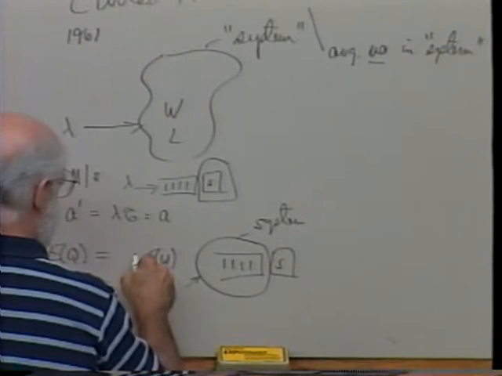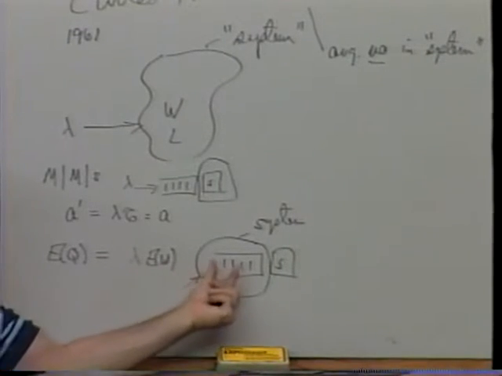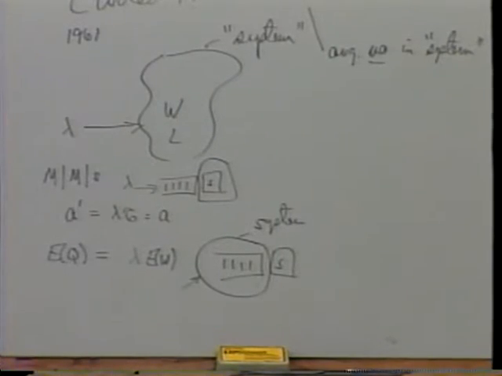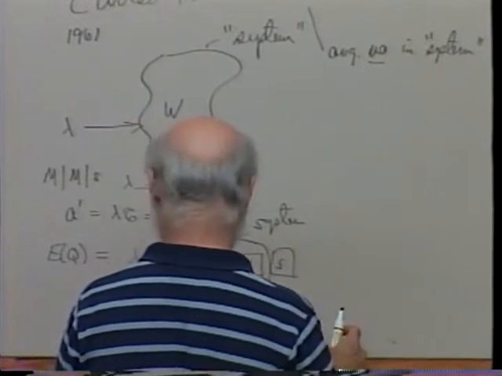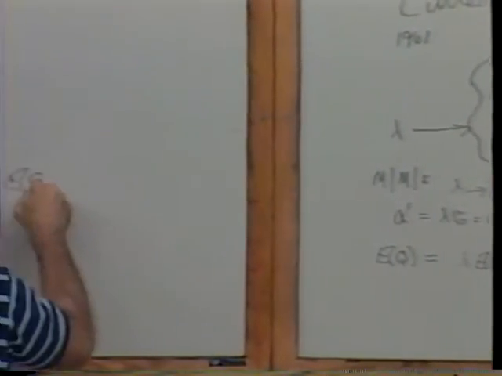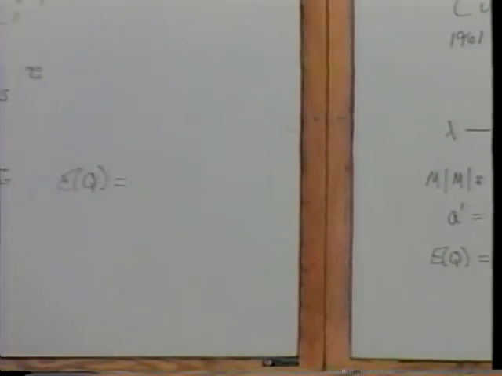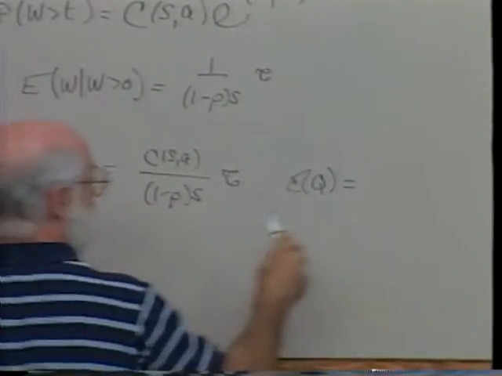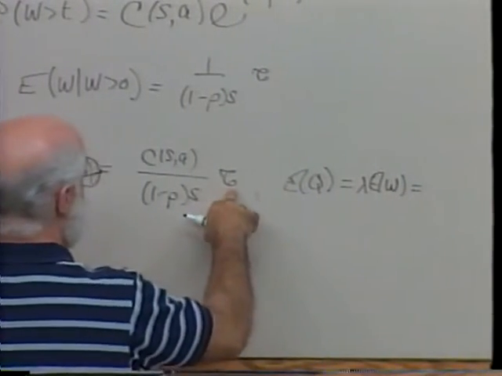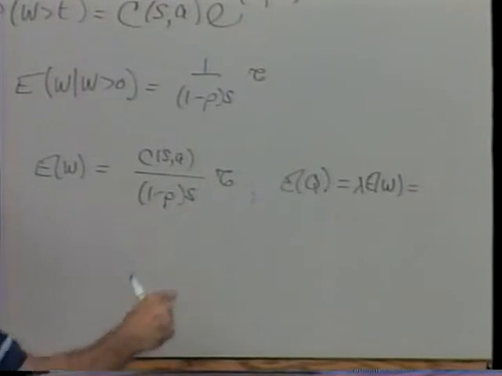So lambda is the rate at which the customers enter this queue, and EW is the average time they spend there. And so lambda EW is the average number in the queue. From this, I get that the average queue length is equal to lambda times EW. If I multiply that thing by lambda, then what I get is lambda times tau, which is A. And when I take that A and divide it by S, I get rho.